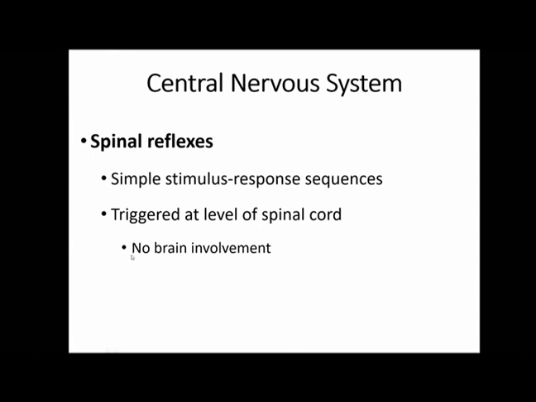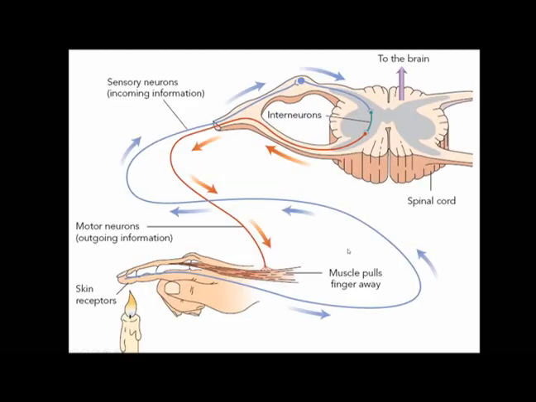But what we care about is that it's really cool that this happens, because this action, this reaction to a stimulus, happens without any brain involvement. And so we can come back to this image here where we were looking at somebody putting their hand too close to a candle, and this sensory neuron is bringing in that information that's letting us know that our hand is feeling pain because the heat is too intense.